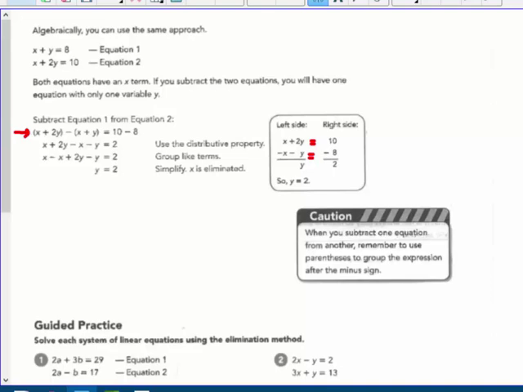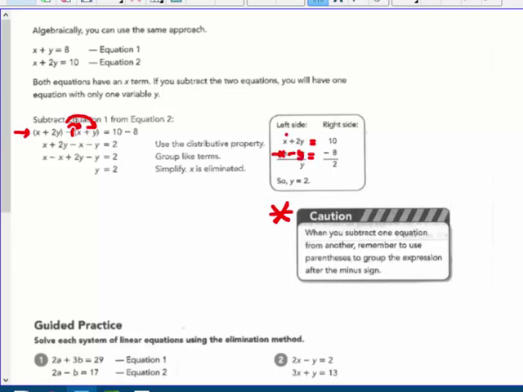Well, minusing equation 1, you have to use the distributive property. Caution, caution, caution: when you subtract one equation from another, remember to use parentheses to group the expression after the minus sign. It's like having a negative 1 here, and that minus or negative goes to the x and the y, which you can see here, negative x minus y.